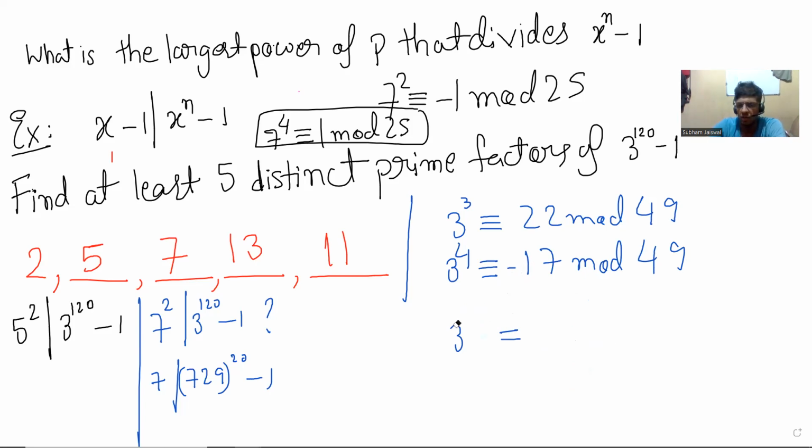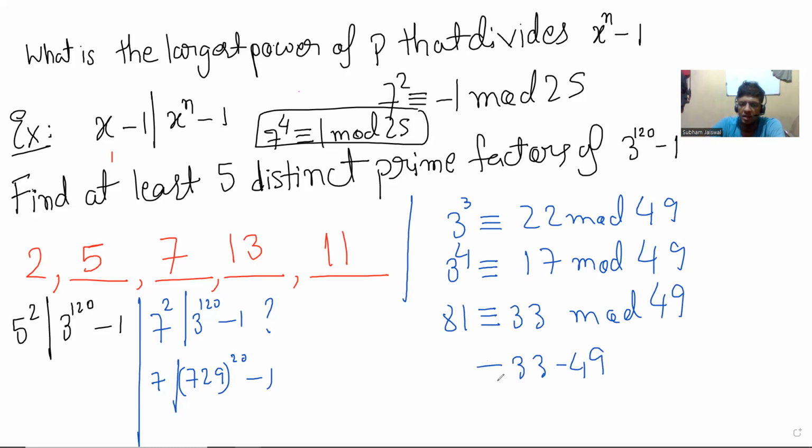We shouldn't be confused, we shouldn't be making guesses. I'm sure we are not, but we get 81, and then this 81 is what? So this 81 is 33, right? And then the 33 is what? So 33 you can write as 33 minus 49. That's the same thing, right? So this one is minus 17, or is it minus 16?